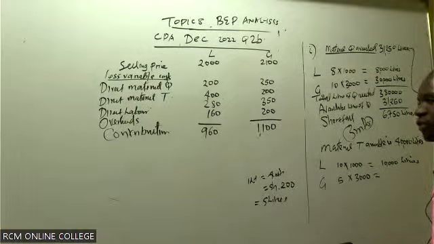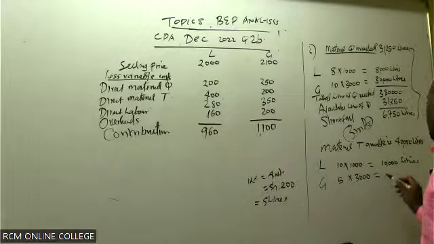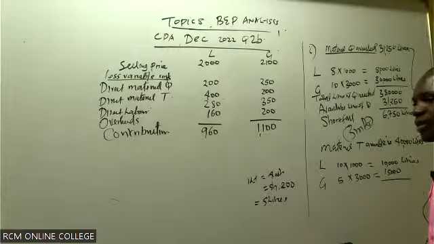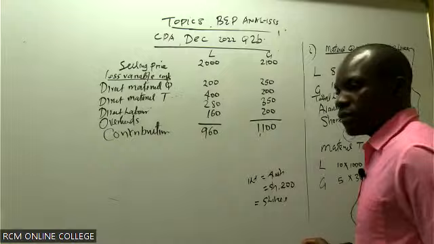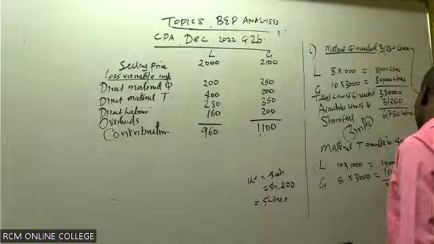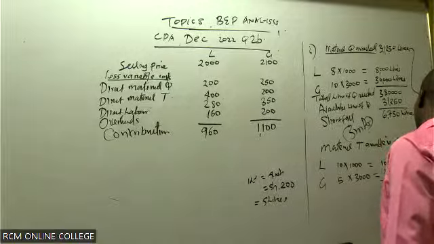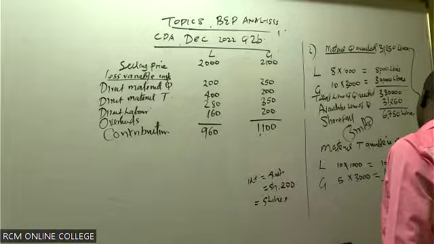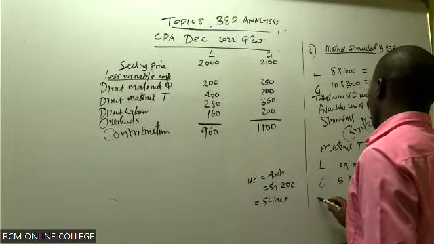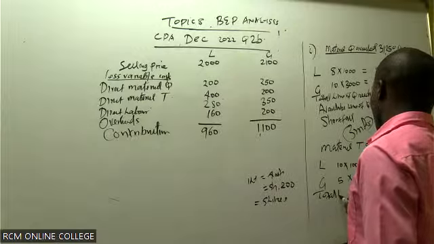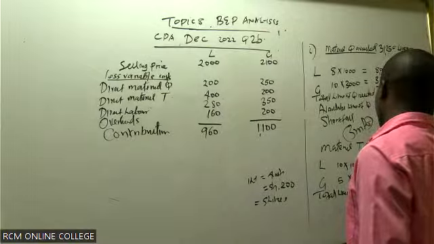How many liters do they need to produce what the market demands? 15,000. If you add them all, how much do you get? 25,000. 25,000 liters. Now, here we have total liters of T needed.